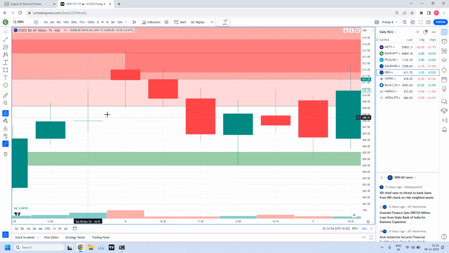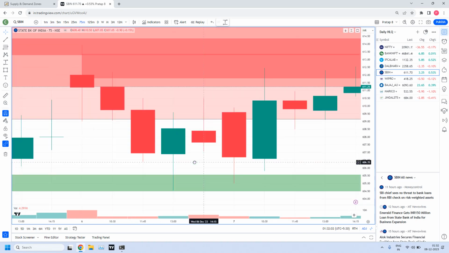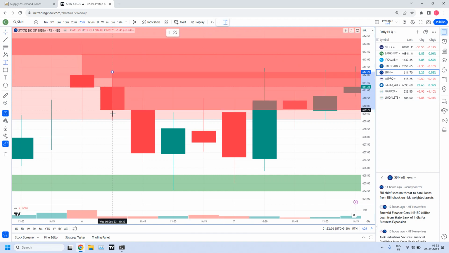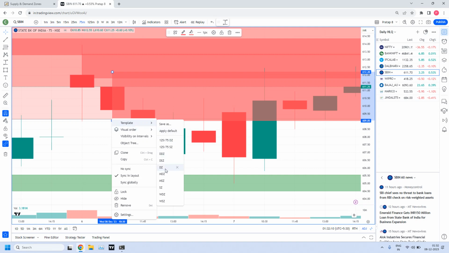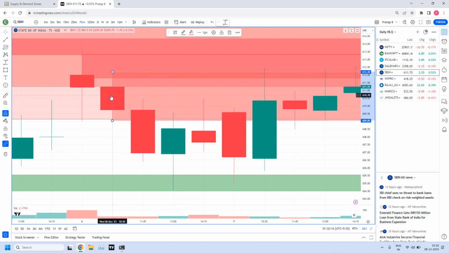So here we are adding a hidden body, so it's looking like a rally candle, then base candle, drop candle. Let us draw the 75-minute zone. This is the 75-minute supply zone.